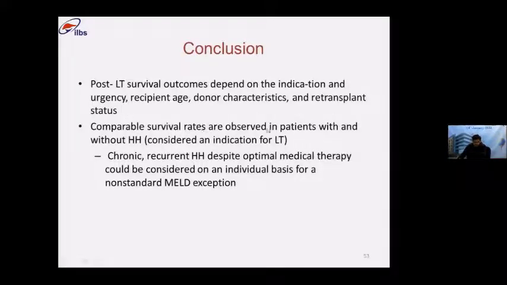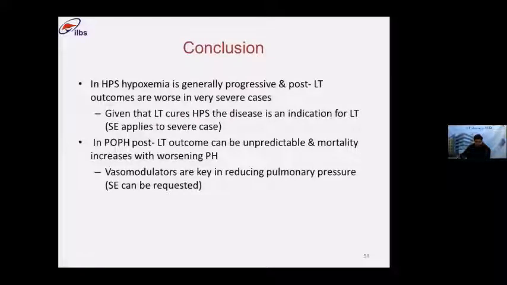Comparable survival rates are observed in patients with and without hepatic hydrothorax. So hepatic hydrothorax is considered an indication for LT. Chronic recurrent hepatic hydrothorax, despite optimal medical therapy, could be considered on an individual basis for non-standard mild exceptions.